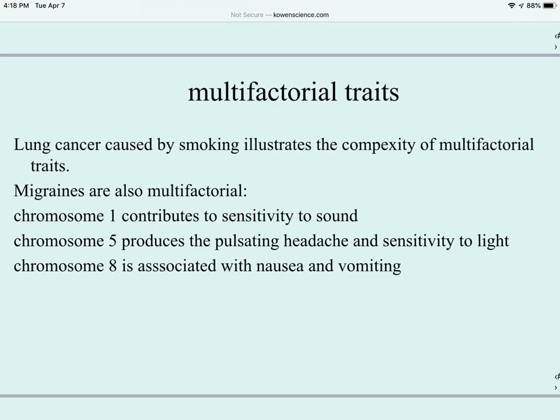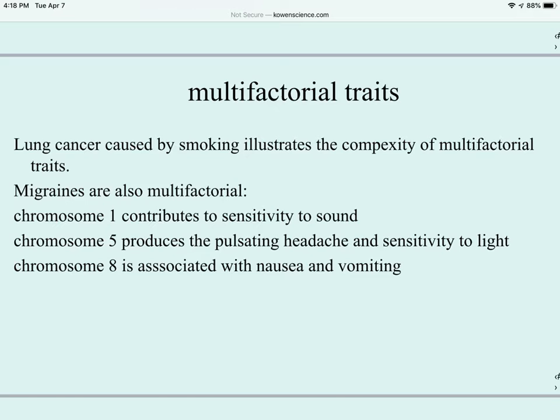So an individual could get lung cancer just by smoking without these multifactorial traits, or an individual could get lung cancer, never have smoked, but have multifactorial traits within their body that cause them to develop lung cancer.